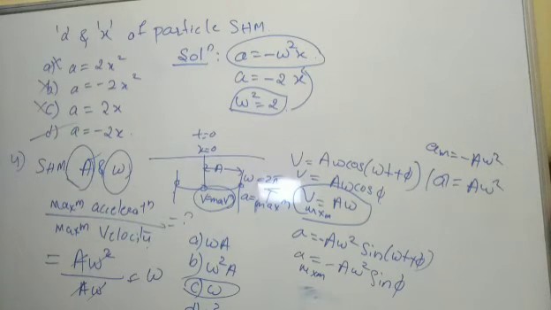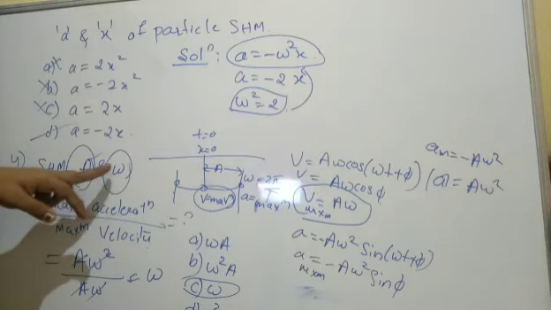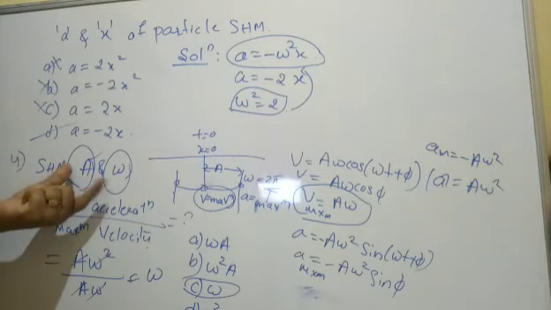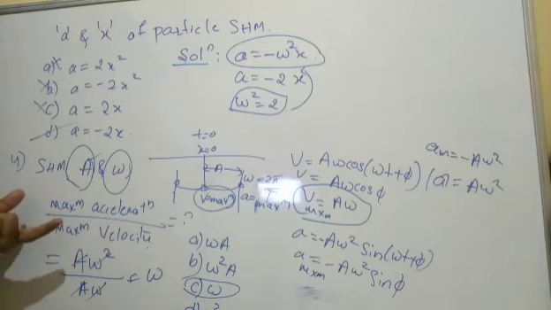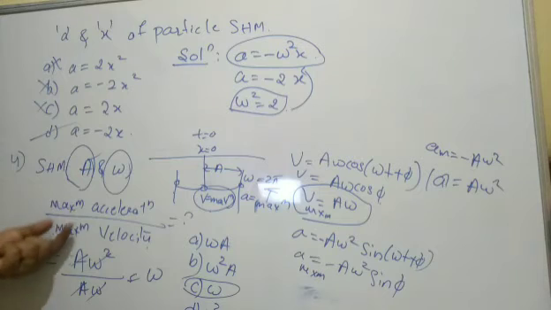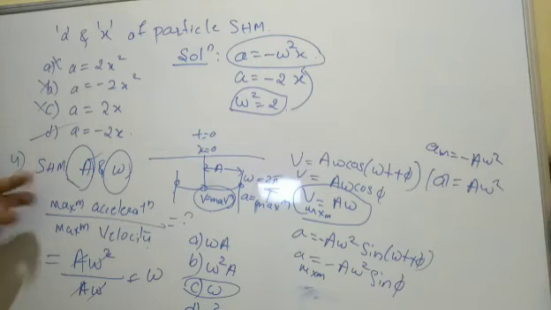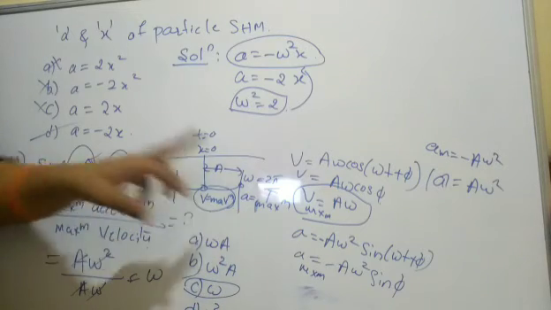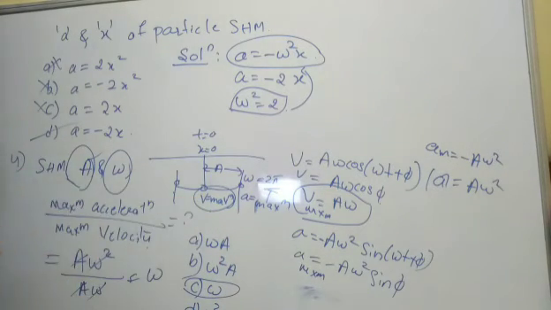I'll repeat the question once again. A particle executing simple harmonic motion having the amplitude and the angular frequency, we need to find the ratio of its maximum acceleration to the maximum velocity. We know that maximum acceleration is at the extreme position, right? And maximum velocity will be at the mean position.